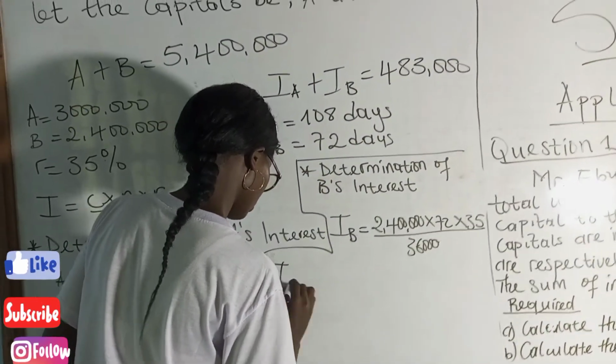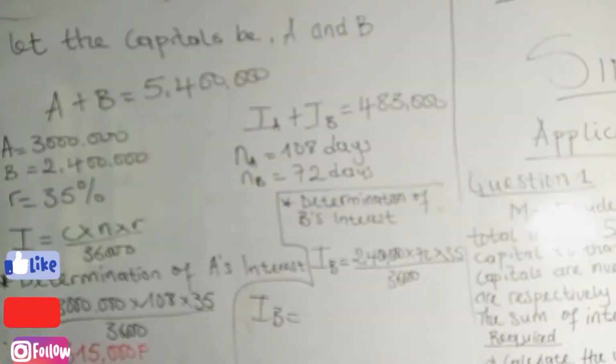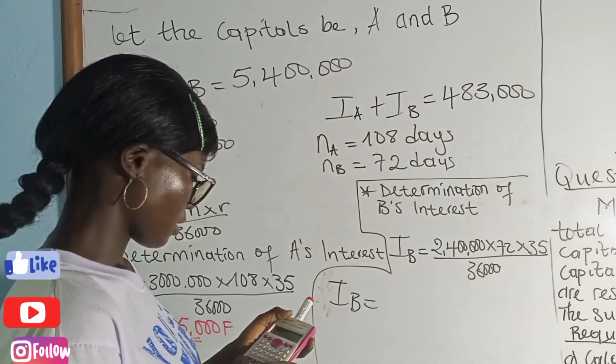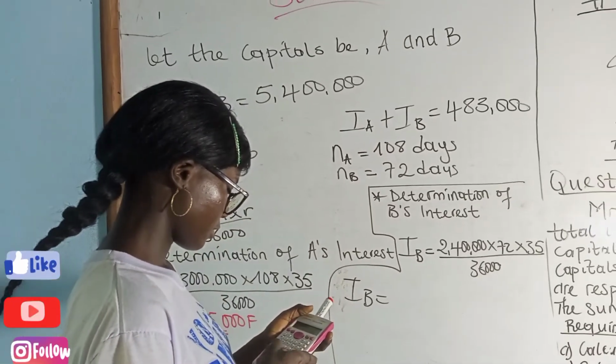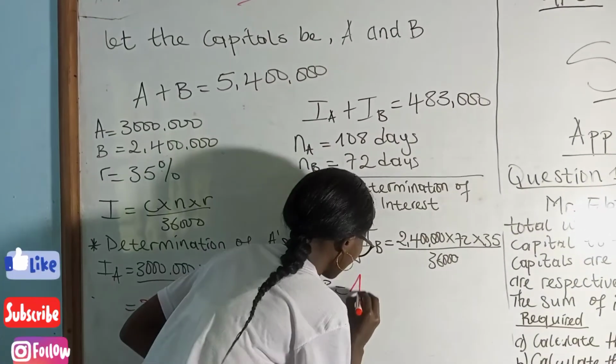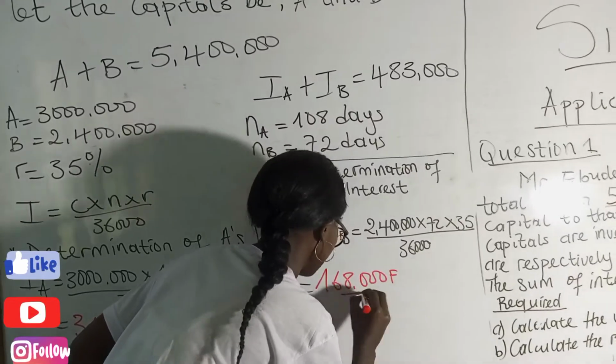So the interest of B is equal to 2,400,000 times 72 times 35 divided by 36,000, which will give us 168,000 francs.